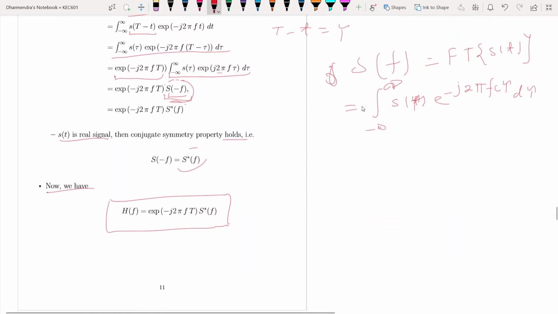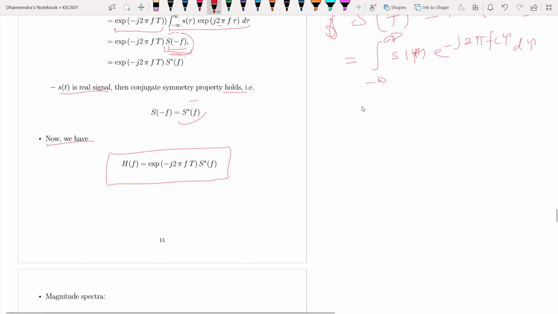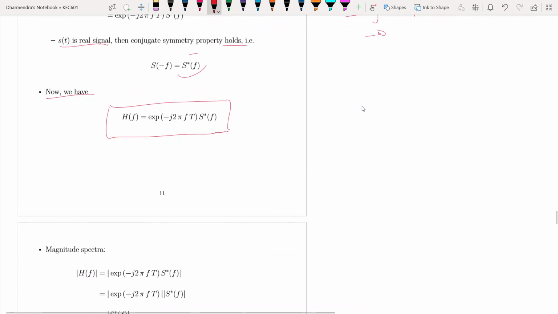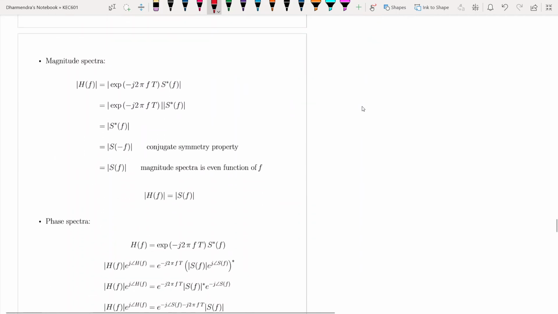which is related to the Fourier transform of the signal. Now I will divide this frequency response into magnitude response and phase response to analyze the matched filter based signal demodulator.